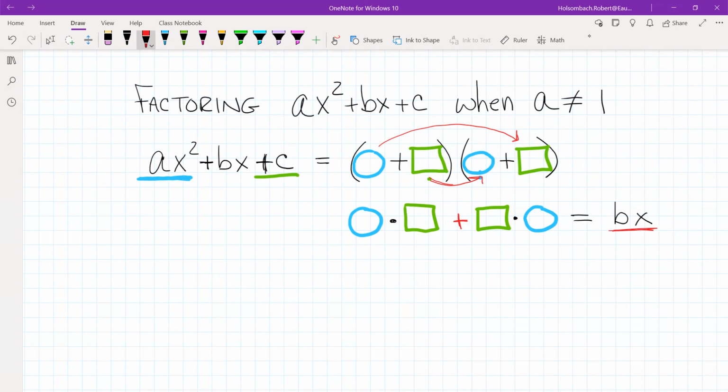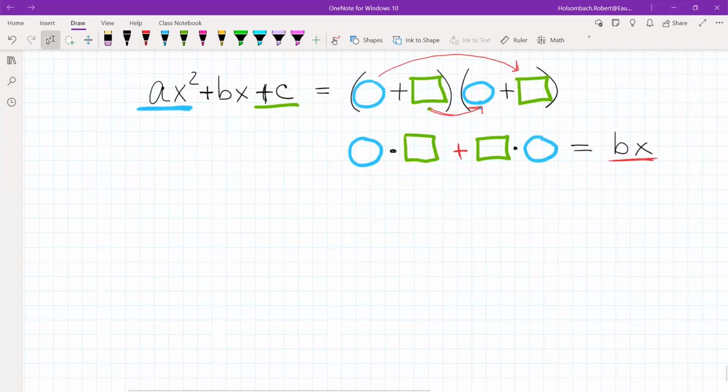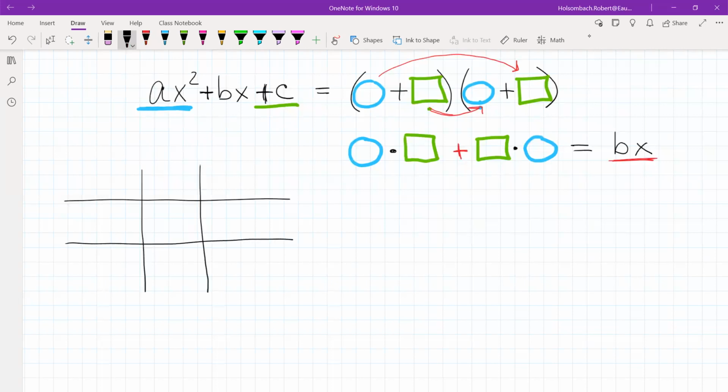Now, that's one way to factor this trinomial. Here's a second way that has been the most popular technique to use. Now, here it is again. We're going to set up this little matrix. And in this matrix, the top left corner, we're not going to use it. Now I'm going to go back and use these symbols again.